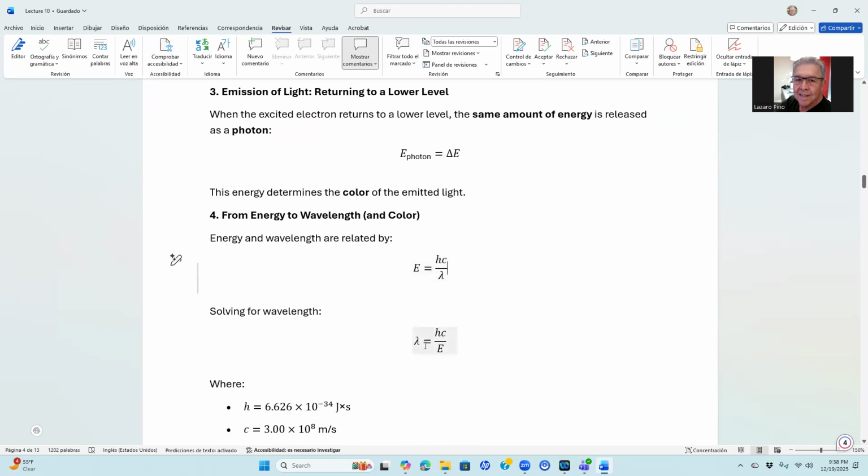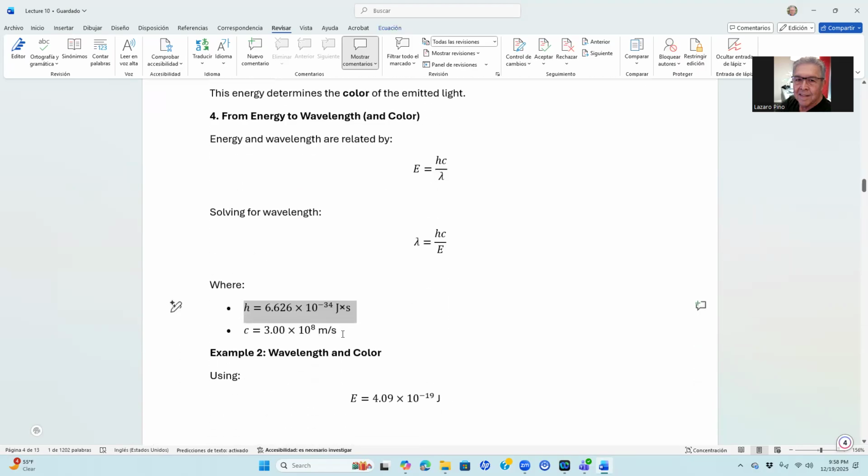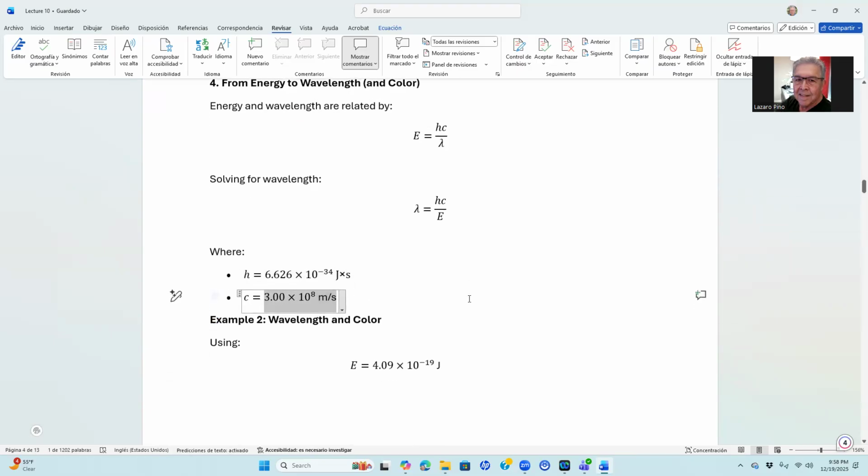Then you can calculate the wavelength of the light while the electron returns to the basic level using this formula. The Planck constant is this number. The speed of light is this number. And the energy that you calculated was this.